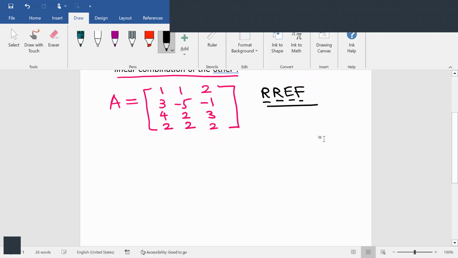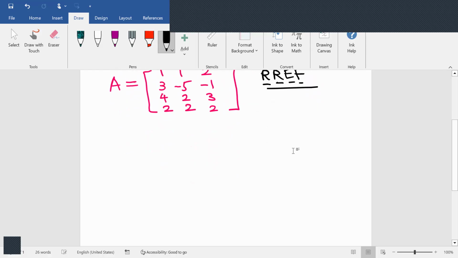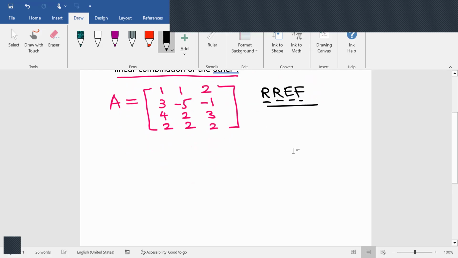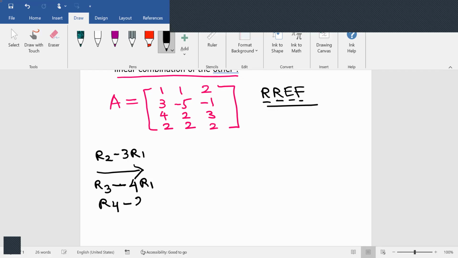If you want a recap about row and column transformations, you can refer to the link of the video given in the description box. So let us convert this. We will use these transformations: R2 minus 3R1, then R3 minus 4R1, and R4 minus 2R1.